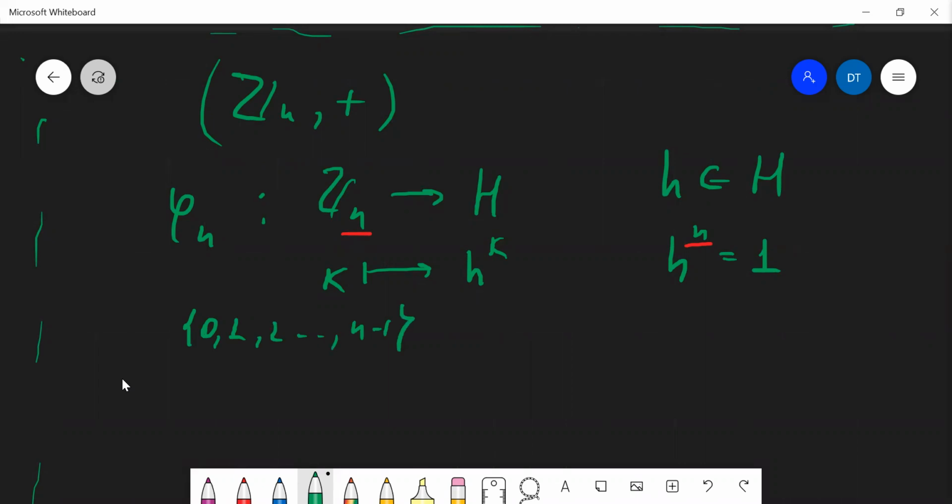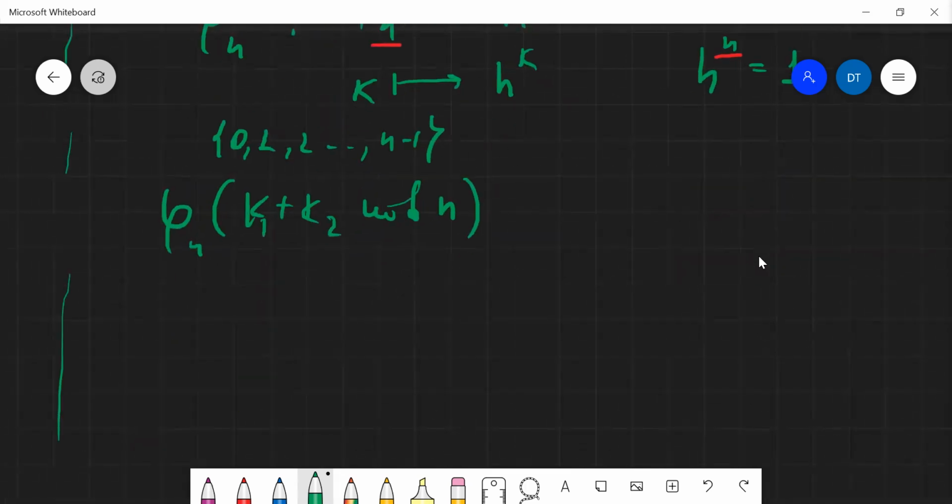So this rule defines a map, but you want this map to be a homomorphism. For that, you want to check that if you add two elements, where your operation is addition modulo n, you get exactly the same thing as this.